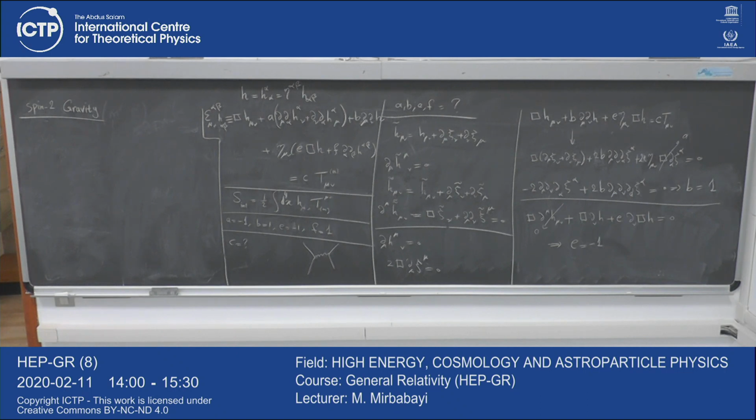When you want to construct a field theory, you want to package those degrees of freedom that we talked about, like the two helicity modes, inside the field. I want to construct a field that has the minimum amount of freedom that allows me to construct the theory.